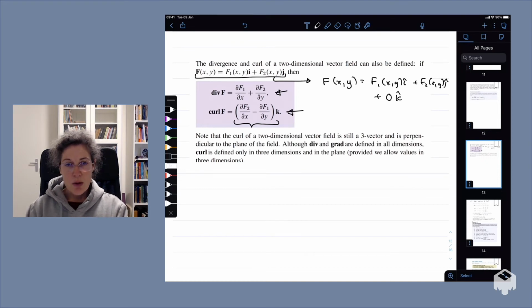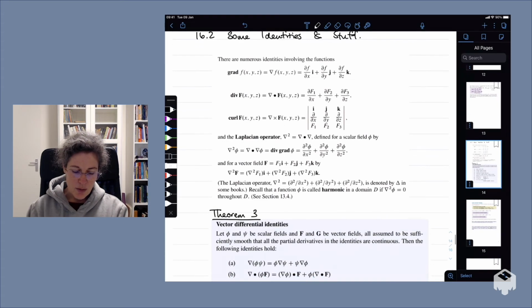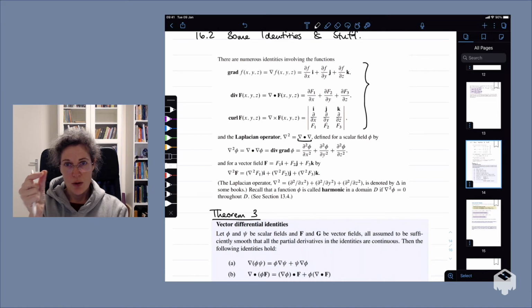All right, so those are the intuitions for divergence and curl. As you might expect, we can find lots and lots of identities. So just pulling together everything we've talked about, we've got our gradient, our divergence, and our curl. And something that you will see coming up quite often if you go on with physics is the Laplacian operator, which is basically the dot product of two nablas, and it's a kind of second derivative-ish type of thing.